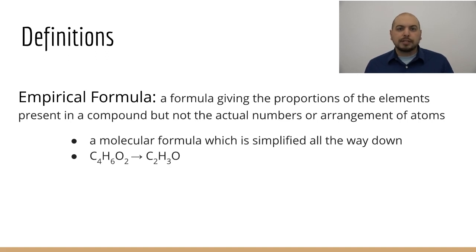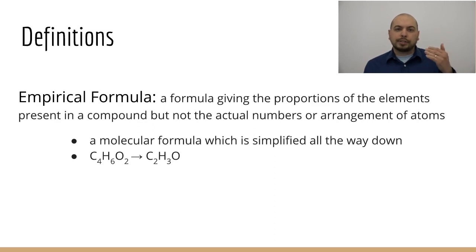For example, C4H6O2 has an empirical formula of C2H3O because the ratio of 4 to 6 to 2 can be reduced down into an empirical ratio of 2 to 3 to 1.